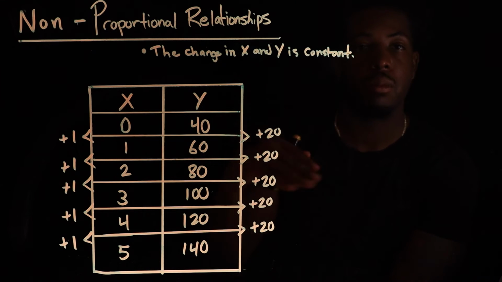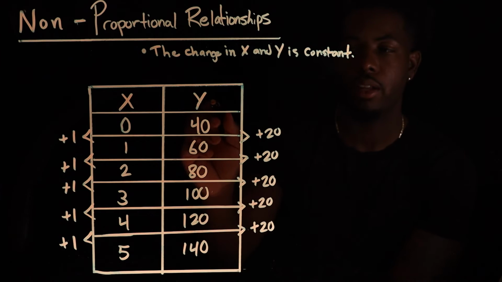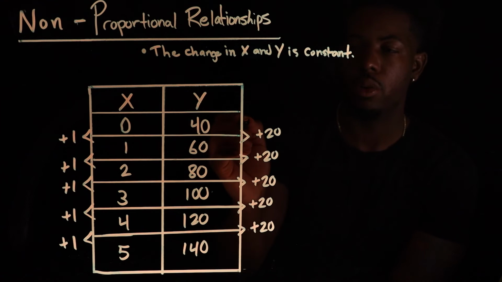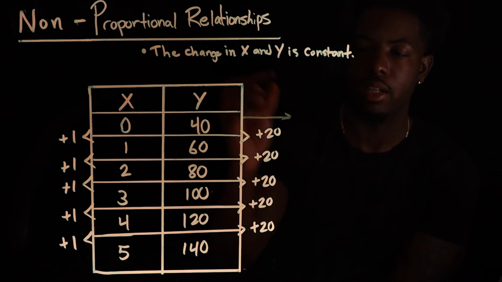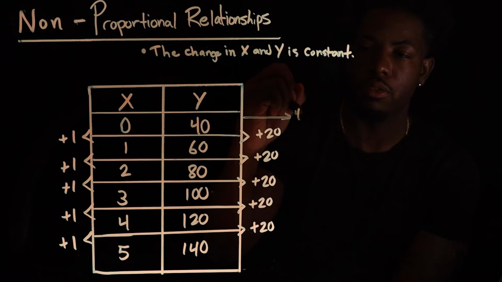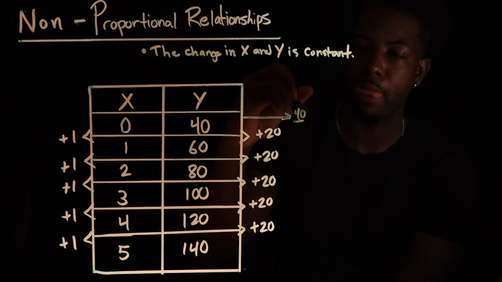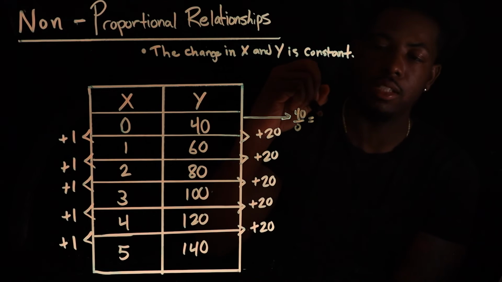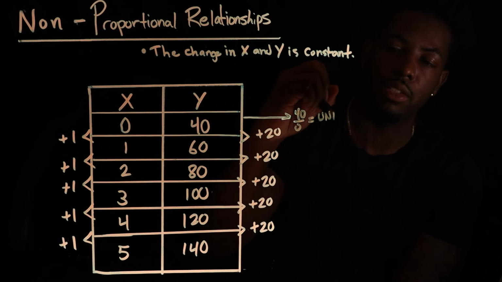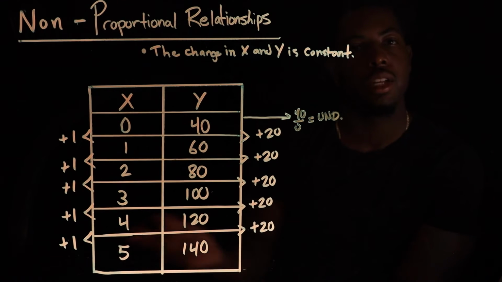So rise divided by run, we want to calculate the y divided by the x. Let's go ahead and check all our y's divided by our x's. What's 40 divided by 0? That's actually going to be undefined. You can't divide anything by 0.